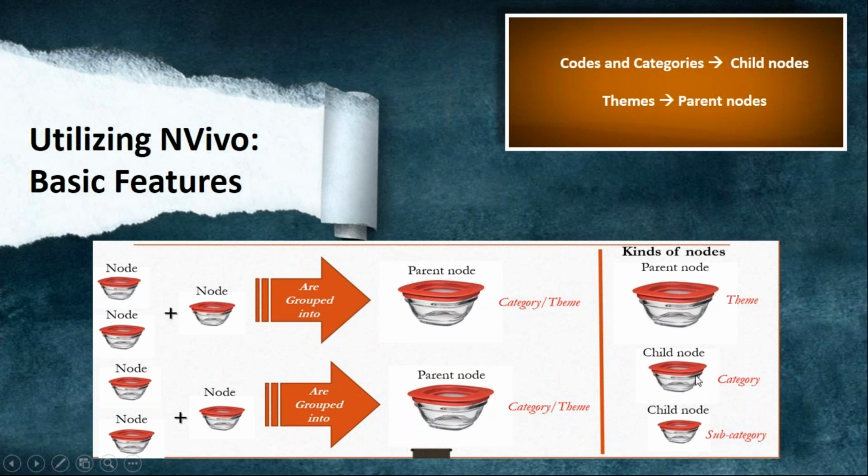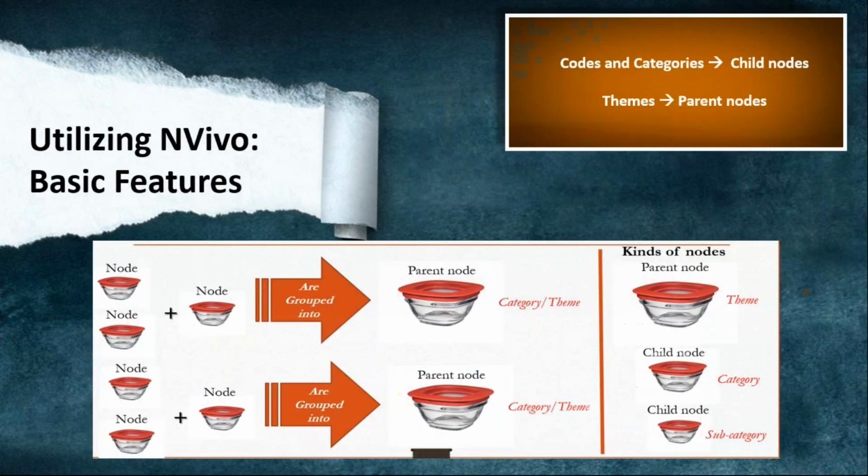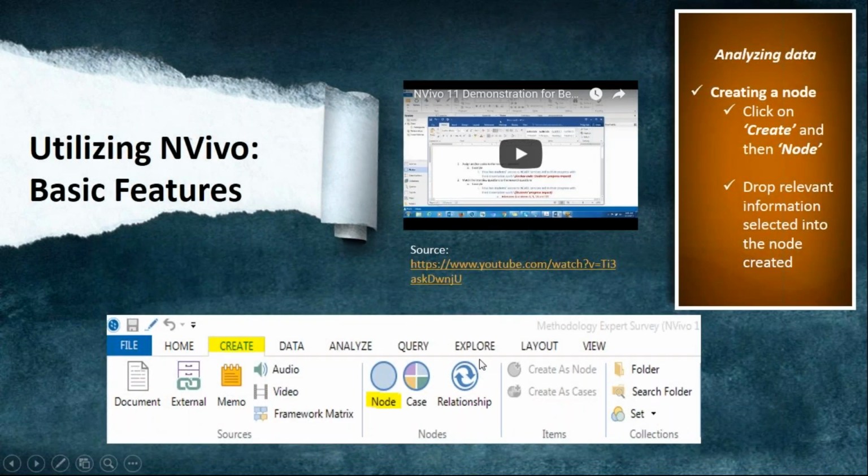That category or code will be called a child node, and then the theme will be a parent node. So that's the term that they use in the system. You have to understand this before you start using the software.